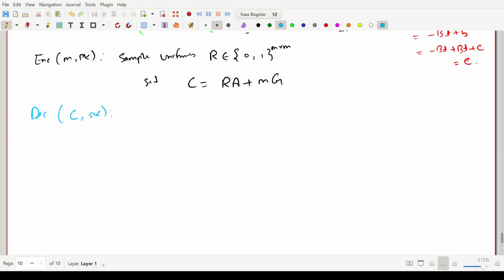First, define a W. Define a vector W, which is equal to (0, 0, ..., floor of q by 2) transpose, the greatest integer of q by 2. The size is Z_q.